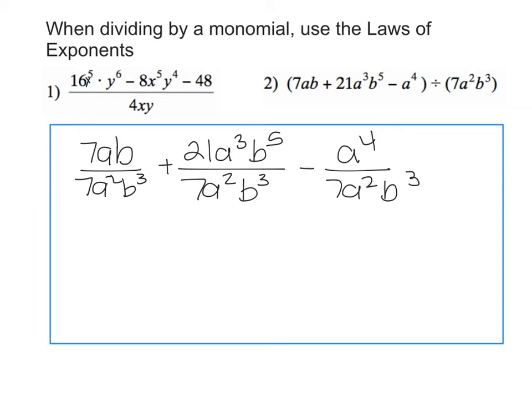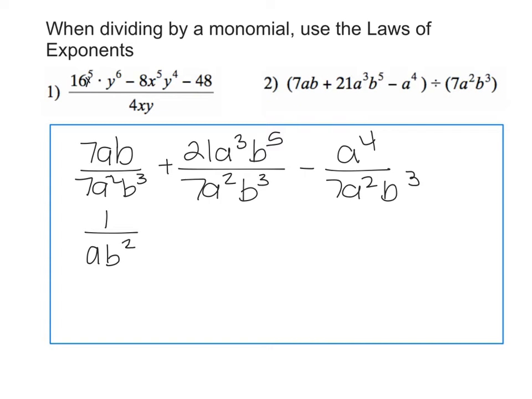So all you're doing is dividing numbers and subtracting exponents. So I have 7 divided by 7 is 1, so I have a 1 so far. And a over a squared, there's a 1 remaining, but it stays in the denominator. b over b cubed gives me b squared.